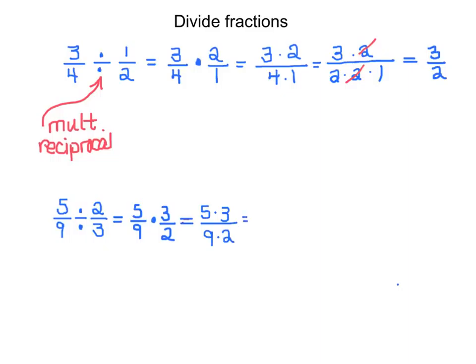Let's write that again as 5 times 3 in the numerator. In the denominator, my 9 is really 3 times 3. So that's my 9 times 2. And I did that so you can see that I'm canceling out these two 3's. And I end up with a 5 in the numerator and 3 times 2 in the denominator, which is a 6. So 5/9 divided by 2/3 is 5/6.